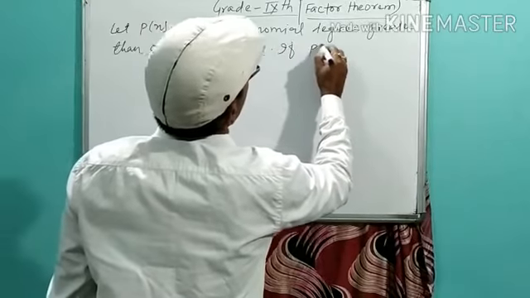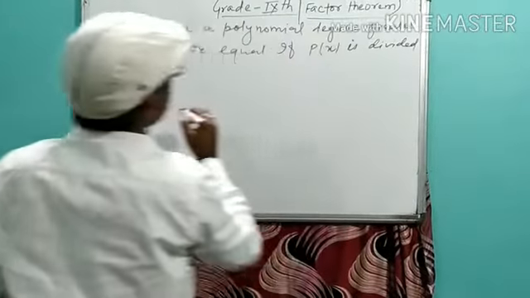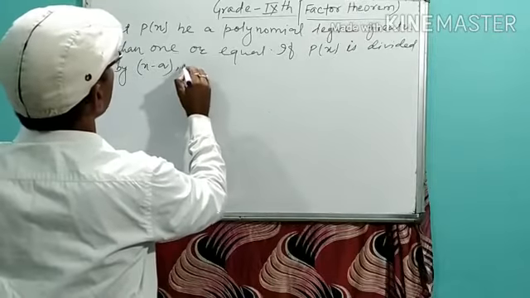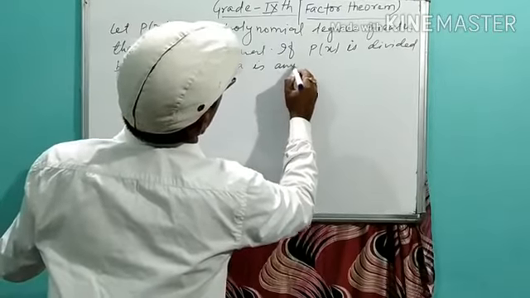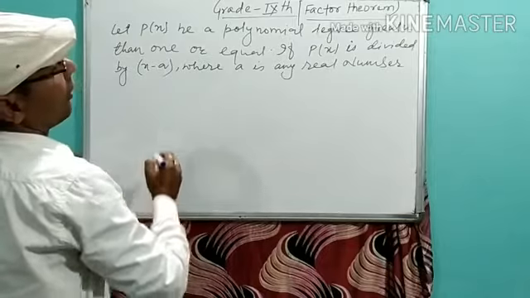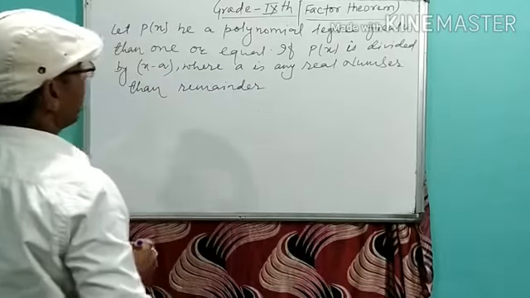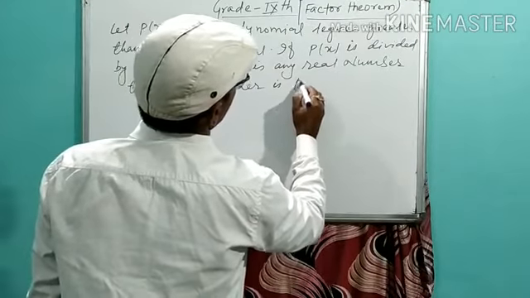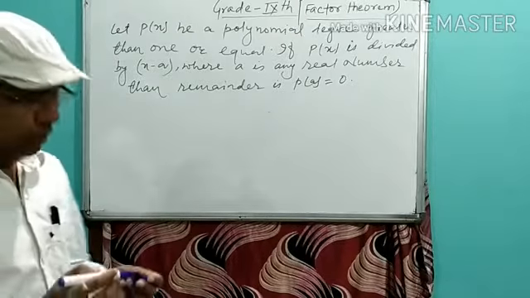If p(x) is divided by x minus a, where a is any real number, then the remainder is p(a) equal to 0. This is the factor theorem.